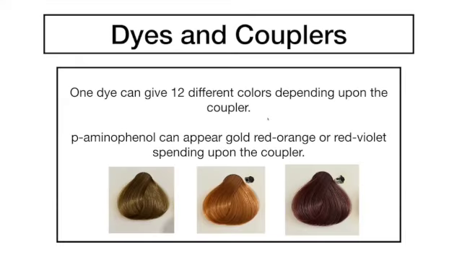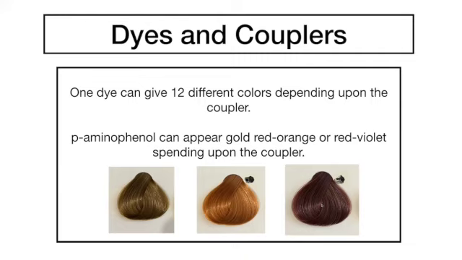Now, one dye can give you multiple colors depending upon the coupler. Here I'm showing you p-aminophenol, and depending upon the coupler I use, I can create a gold color, a red-orange color, or an almost red-violet looking color.